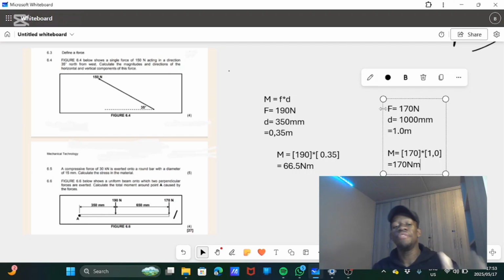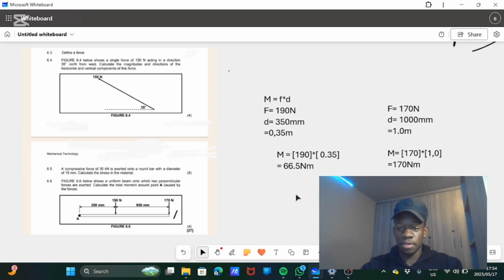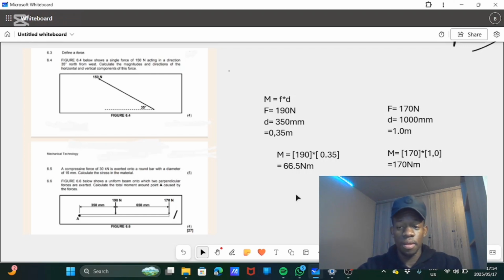We have something called clockwise and anti-clockwise. Let me explain. Clockwise is causing a rotation in this direction, and clockwise is always negative. I'm just going to skip this part. Then we have the total.